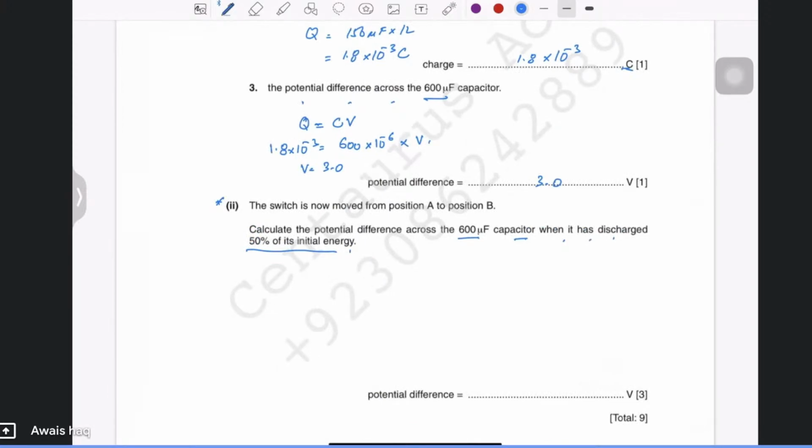So suppose that the initial energy was E. The new energy is half E because it has gone 50% down. Do you guys agree?